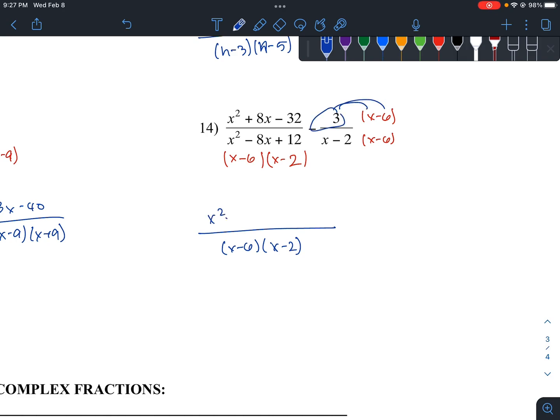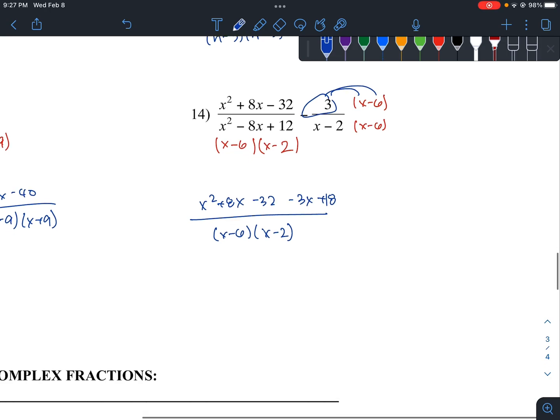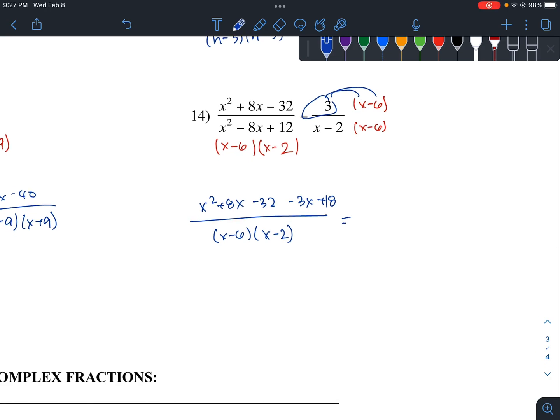But I do have x squared plus 8x minus 32 minus 3x plus 18 whenever I FOIL that through. And when I combine like terms, I get x squared, 8x and negative 3x is positive 5x, negative 32 and 18 is going to give me negative 14, divided by x minus 6 and x minus 2.